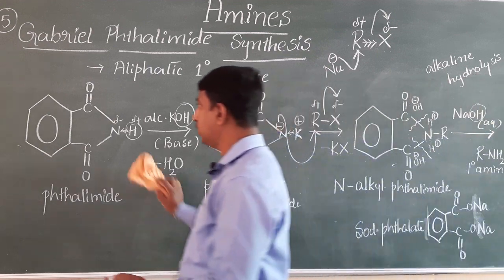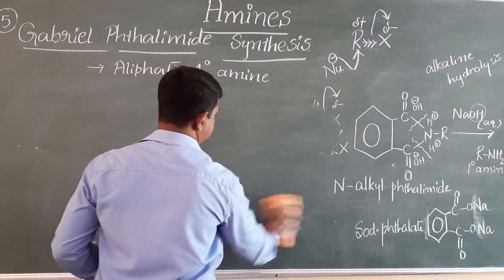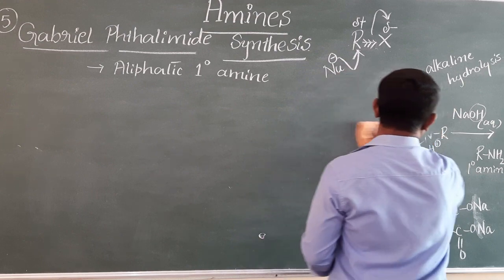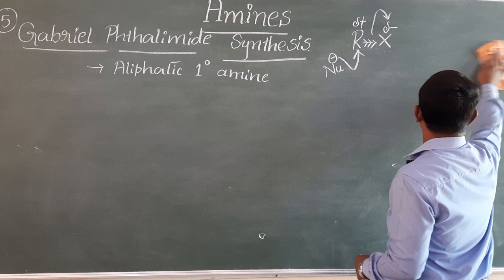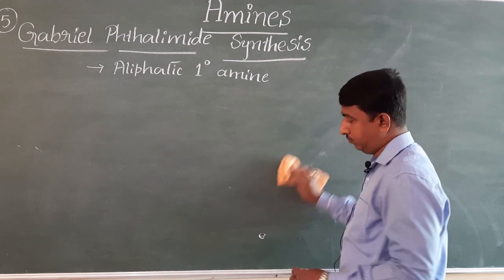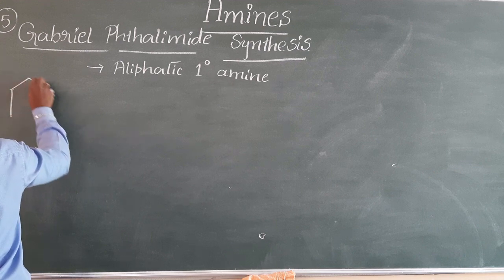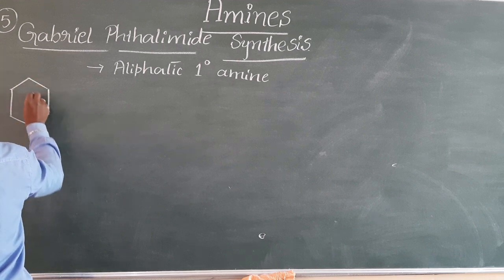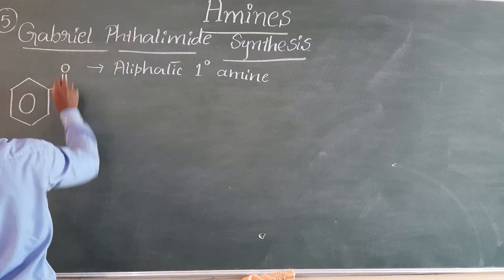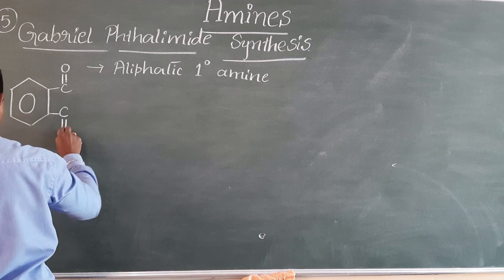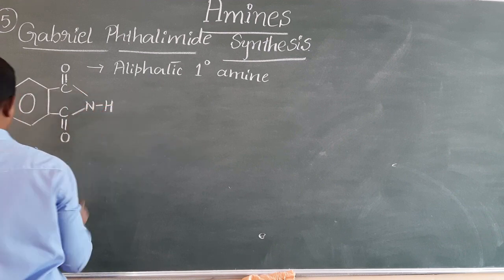Let us write the equation once. The starting compound is phthalimide. Structure of phthalimide is like this: C double bond O, C double bond O, NH.